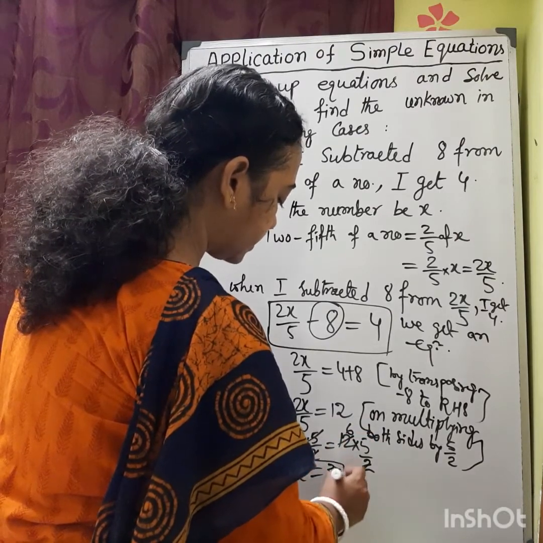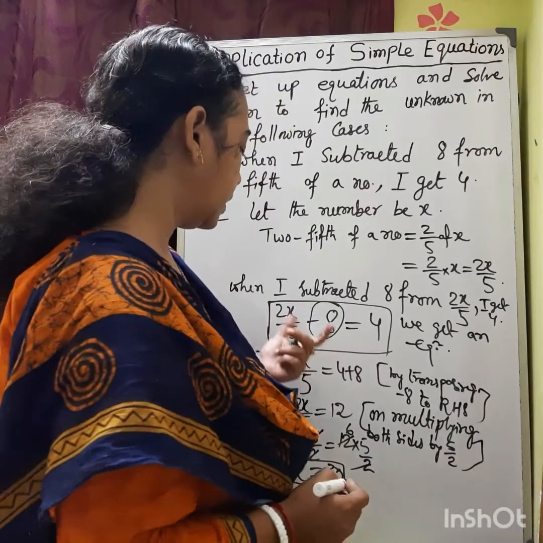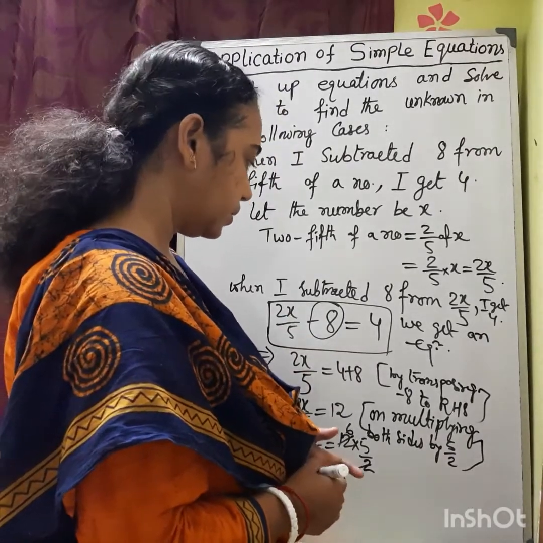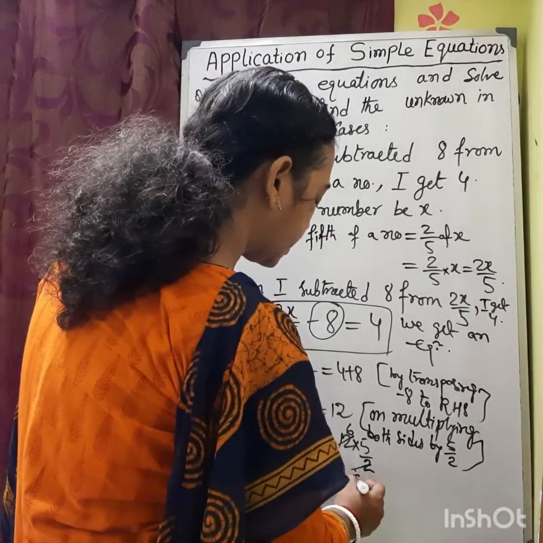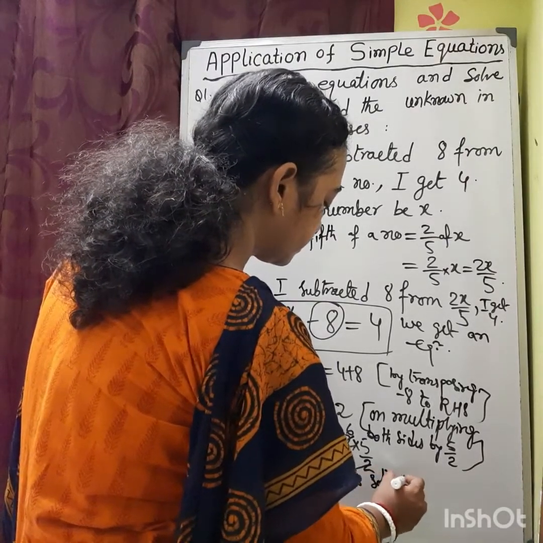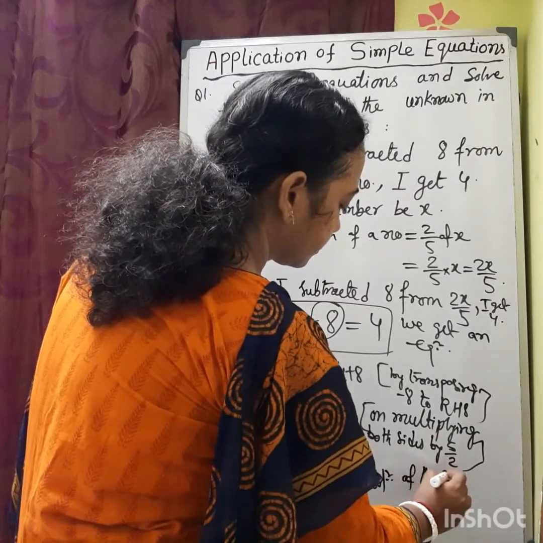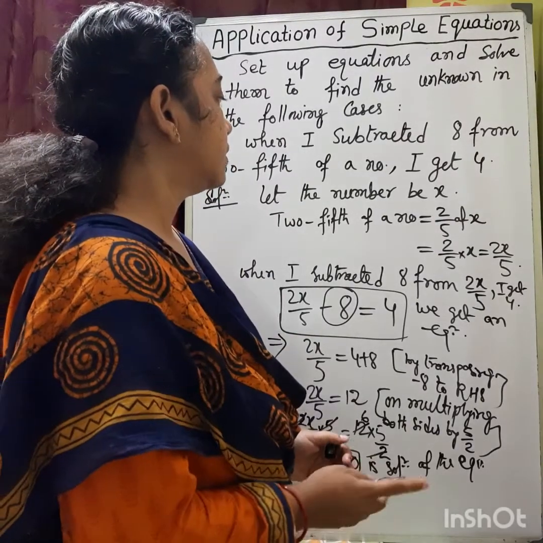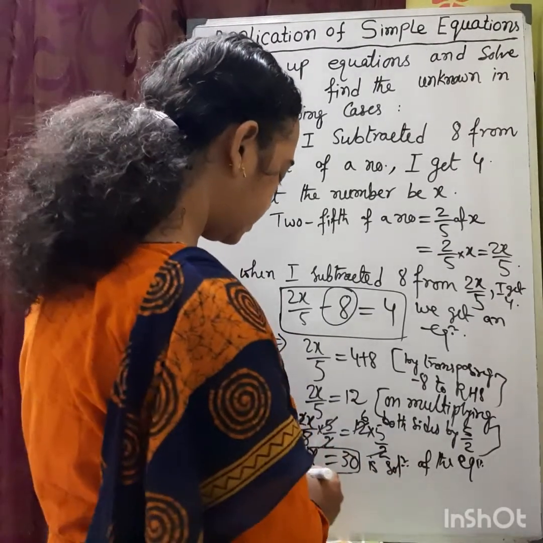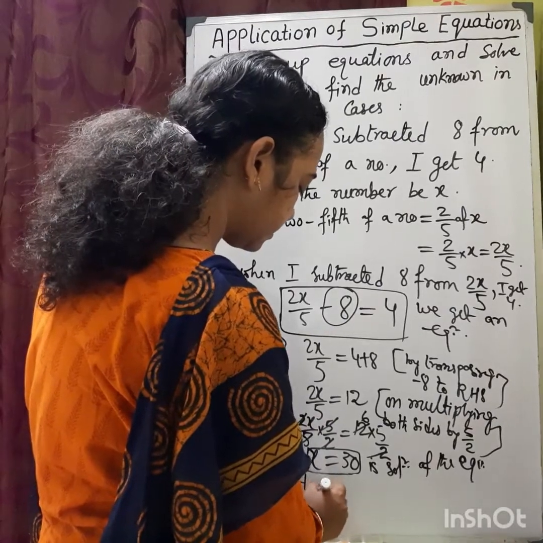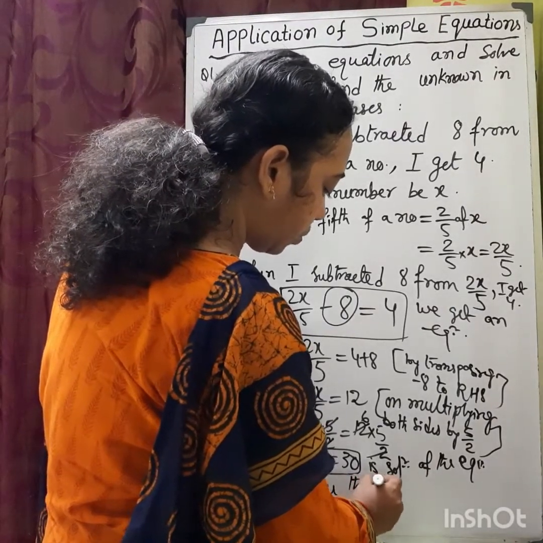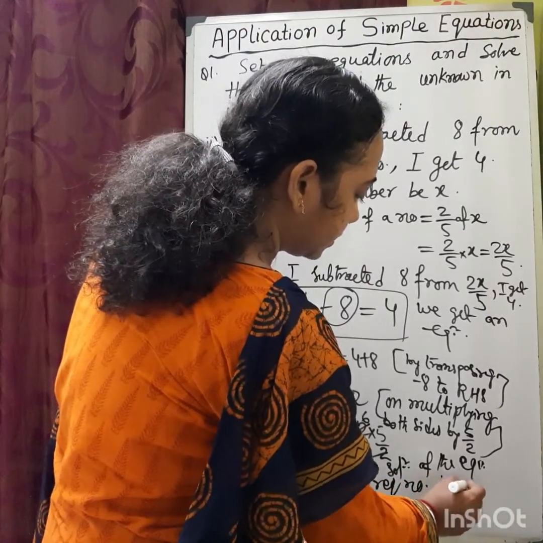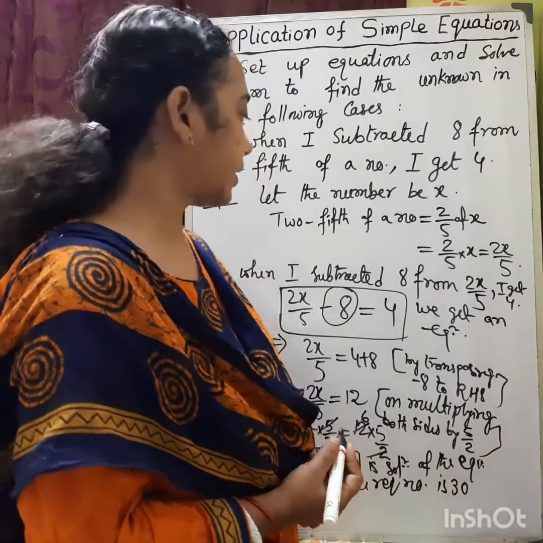So here we are getting x equal to 30 as the solution of the equation 2x by 5 minus 8 is equal to 4. So hence the required number is 30.